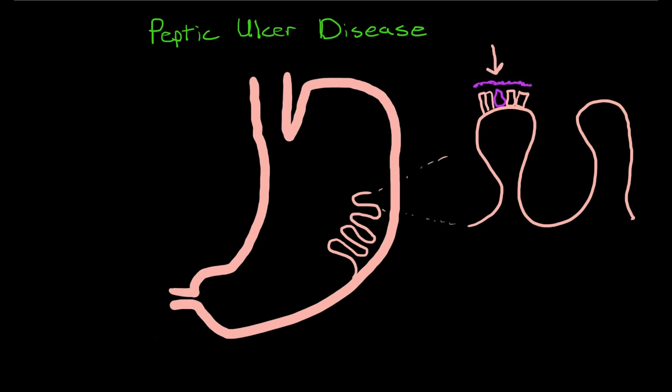Now, this mucus, and I'm going to talk about this a little bit more, has a few major components. Obviously, it has water in it, but it also has a lot of mucin, as is typical of mucus. But then it has a special ingredient that's unique to the stomach, and that is gastric surfactant.